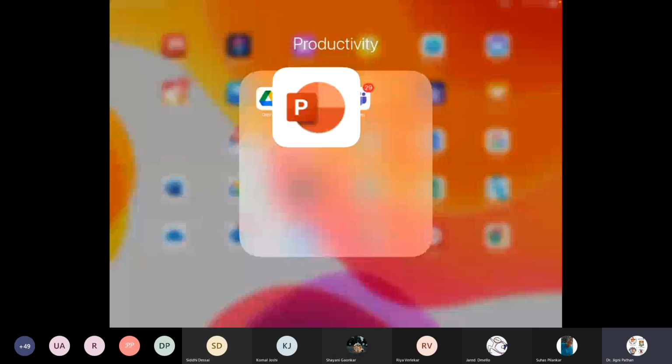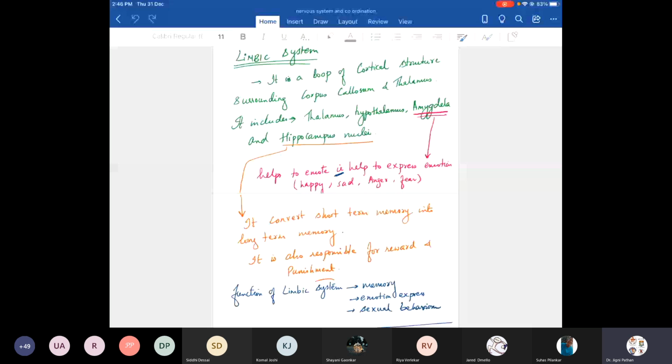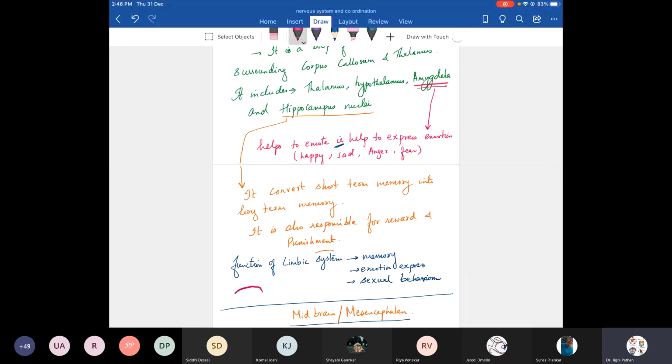It is a loop of cortical structure. You know where the Colosseum is, right? If this is a Colosseum, for example, and there is one more loop which is surrounding the Colosseum and the hypothalamus. If this is the corpus callosum, this is the hypothalamus.